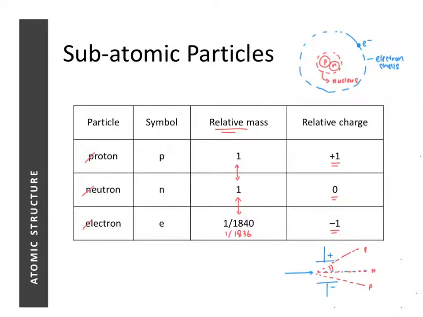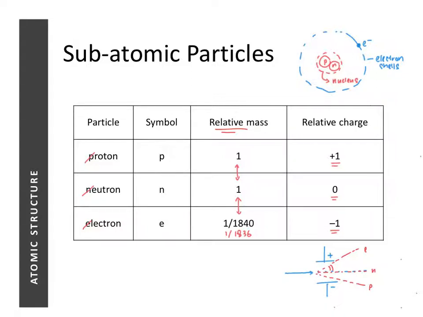Imagine if you pull two people, one of them very light and one very heavy. If you pull them by the same force, what would you notice? The one that's lighter will move over a larger distance compared to the one who is heavier. That is what is happening here.